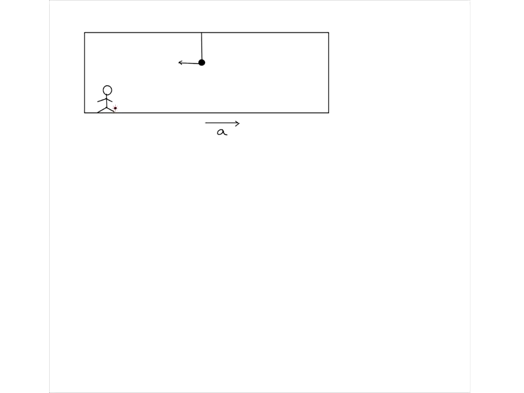This observer is also accelerating with respect to inertial observer. And therefore, this observer will apply pseudo force MA to the left of this. Earth will apply mg, which is gravitational force.